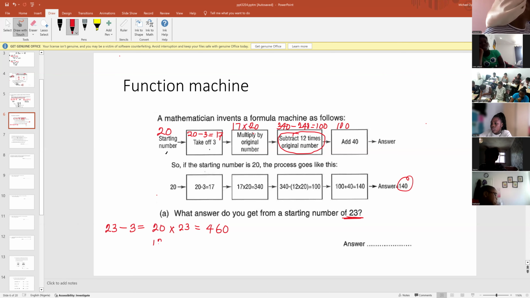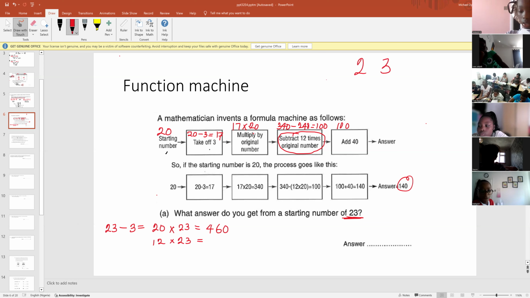12 times the original number is what? Everyone, what is 12 times 23? 12 times 23, that's 276. You're correct. 276, yeah, that's what I got.